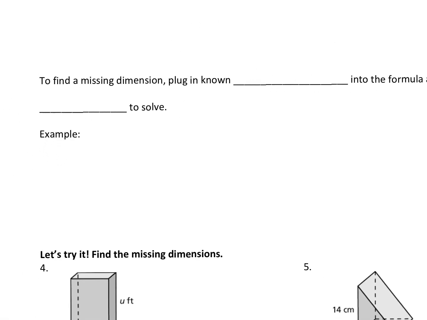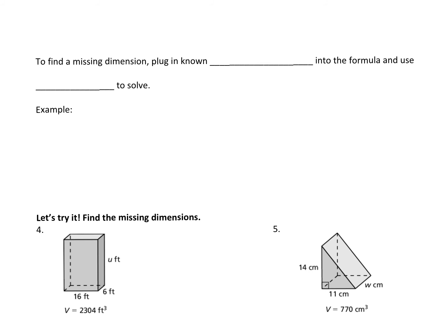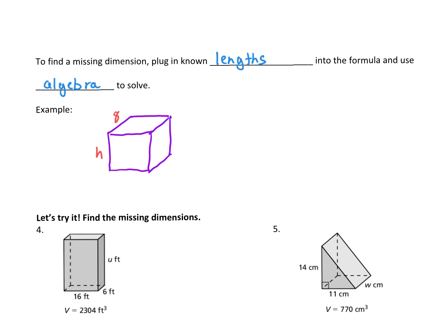Next, to find the missing dimension, so now we have the volume, we plug in known lengths into the formula, and then we use algebra to solve. So here, for example, say we had a prism with height h, 8 and 6, and the volume is 144 cubic feet.